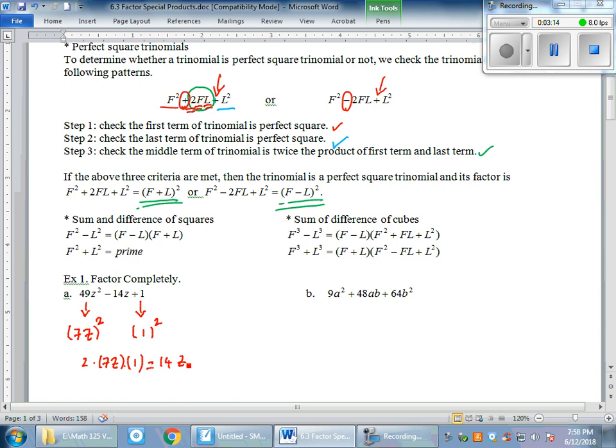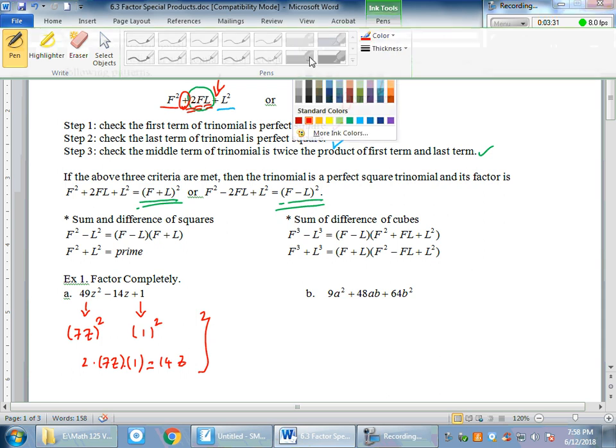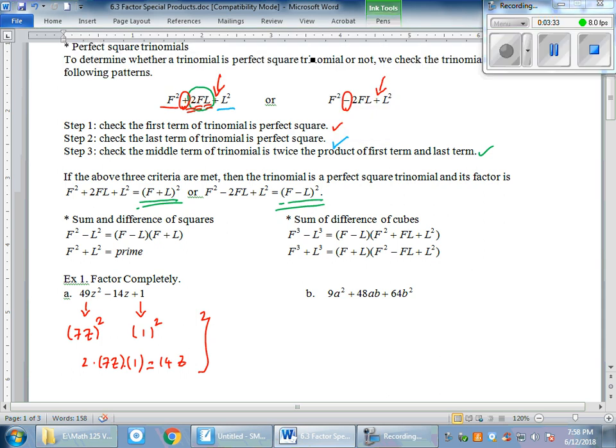And when it is a perfect square trinomial, you can quickly write down the factor. This will become your mental math part later on. You don't need to show me the work. You can write down the answer right away, which is first minus last, quantity squared, because both of them are identical.